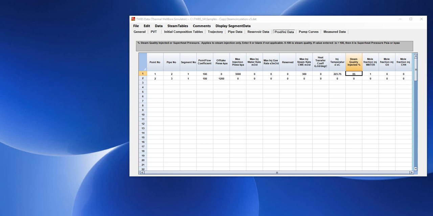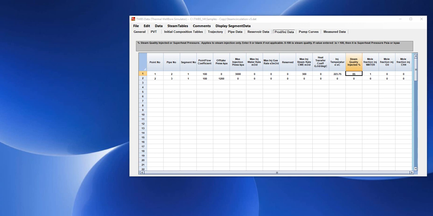For a production well, we could have production points specified at the wellhead. And if we have gas lift injection in the production well, we could also add in injection points at the gas lift tubes. Sometimes you can even have two or more injection points in a given pipe.